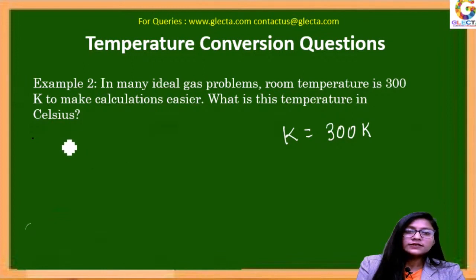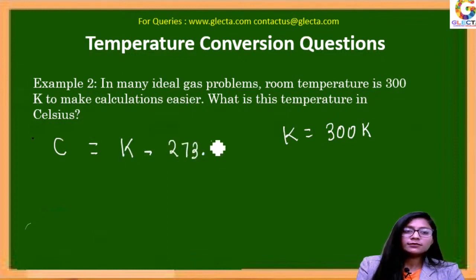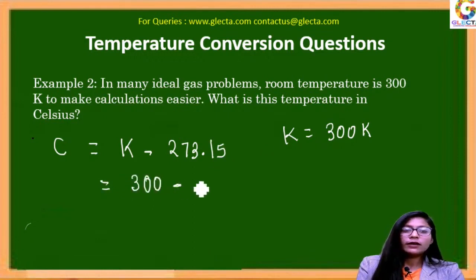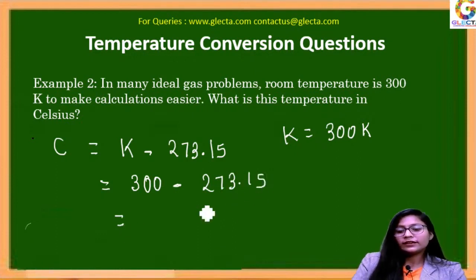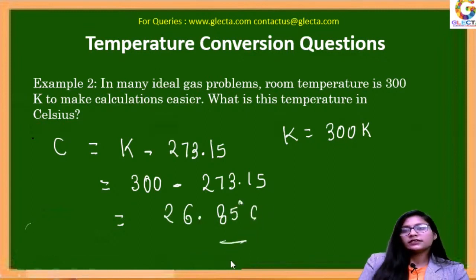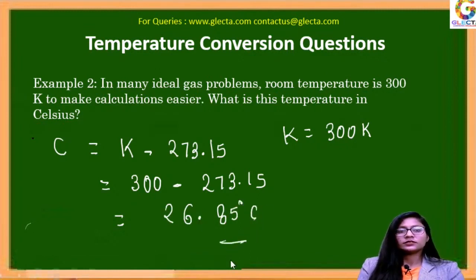C is equal to K minus 273.15. So K is 300 minus 273.15. The answer you will get is 26.85 degrees Celsius. Any doubt? No. Let's move on.